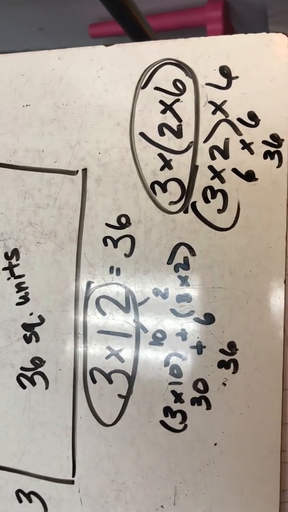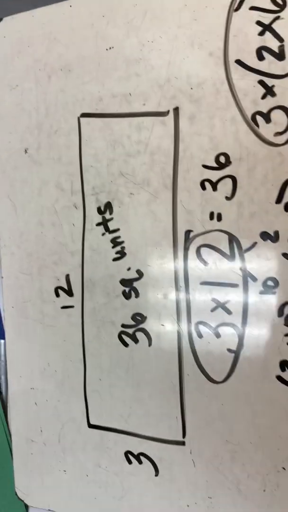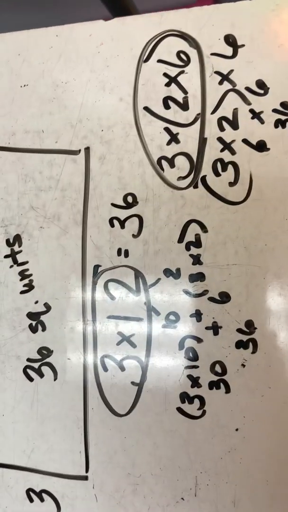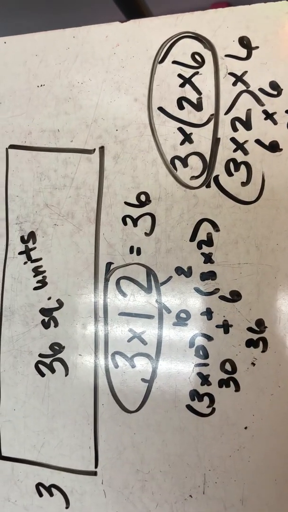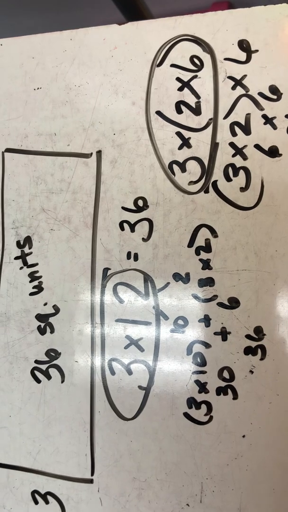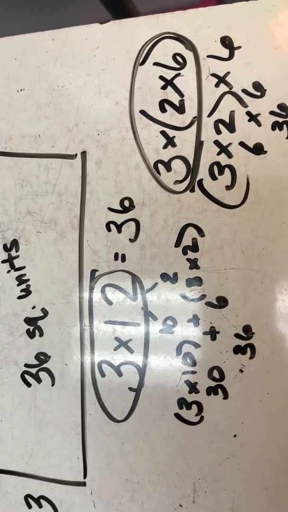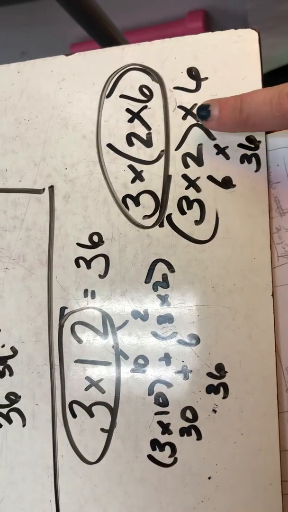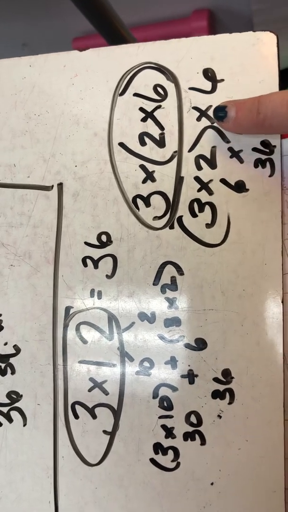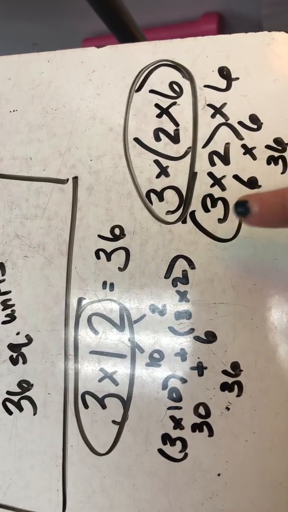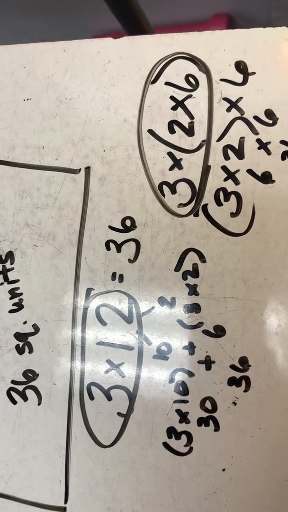There's so many different ways to find the area of this rectangle if you just look at the numbers and use what you know. Can I move the parentheses? Yes, because both of my operations are multiplication. If I had a different operation in there, I might not be able to move the parentheses. Okay.